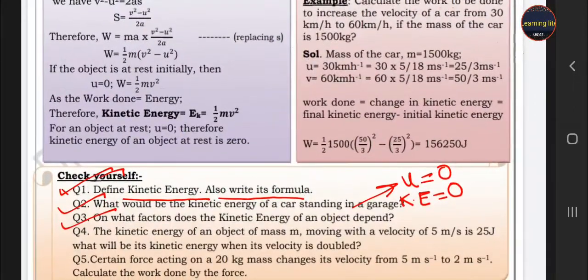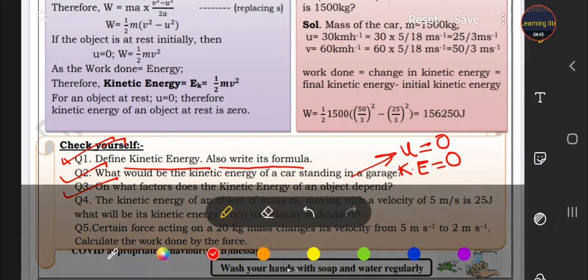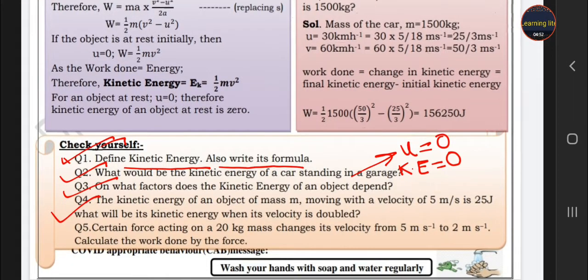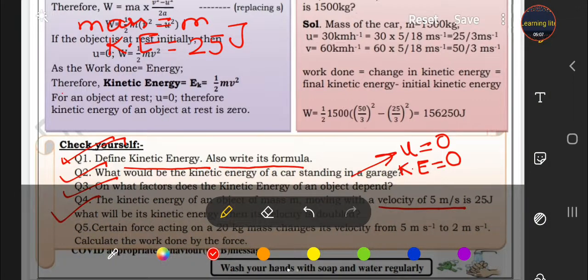Let's do the fourth question. That will be a numerical. The kinetic energy of an object of mass m is given to you. Kinetic energy equals 25 joule and the velocity is 5 meter per second.